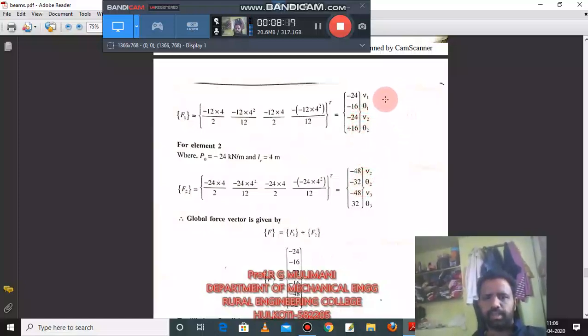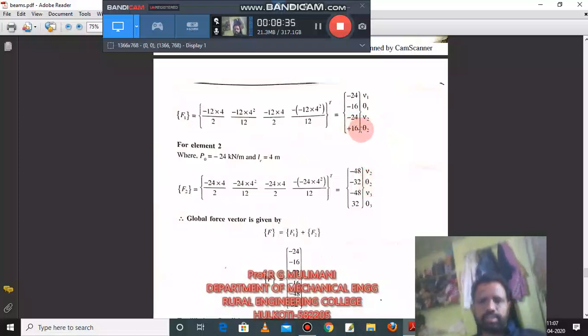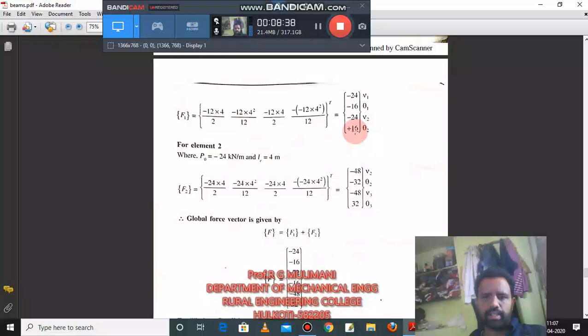In the global force vector, what you have to write? V1 theta 1, V2 theta 2 and V3 theta 3. So V2 from element 1 and V2 from element 2 should get added: minus 24 plus minus 42, that is minus 72. Same for theta 2, both terms are there in element 1 and element 2: plus 16 minus 32, that is minus 16.